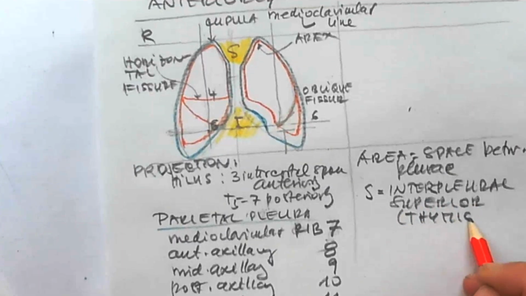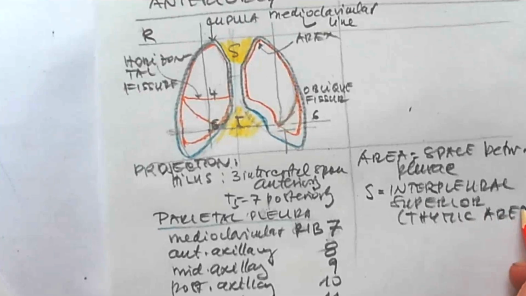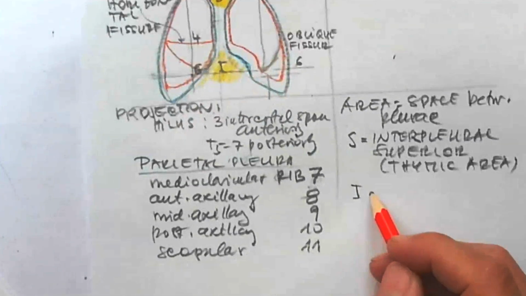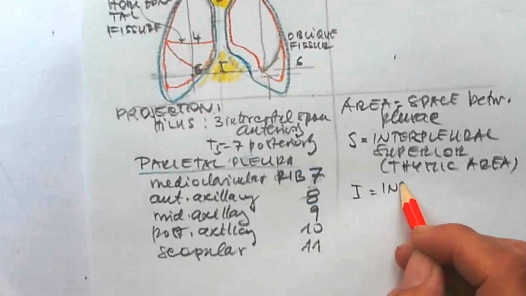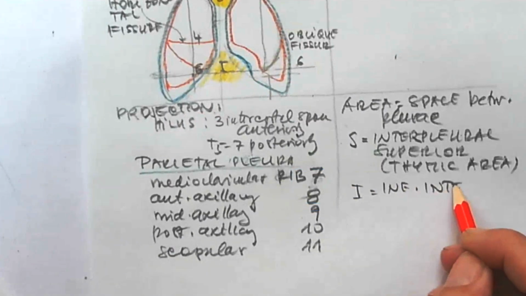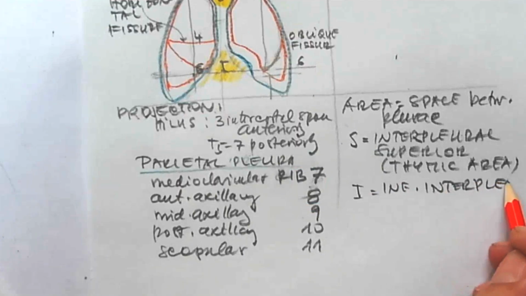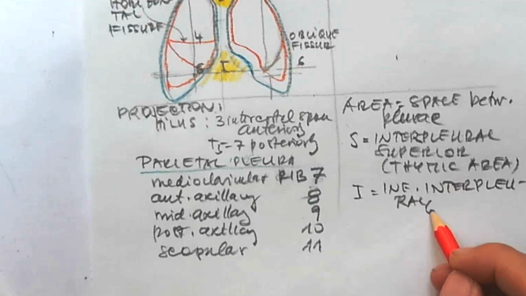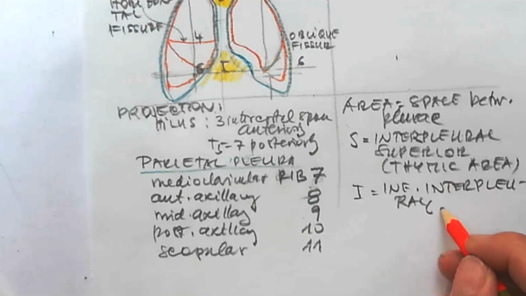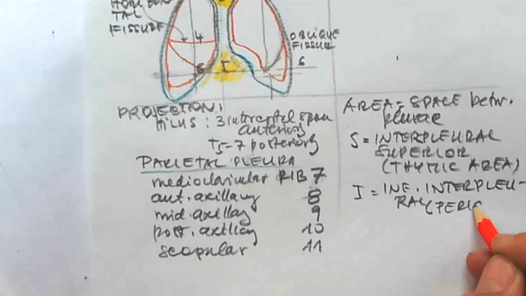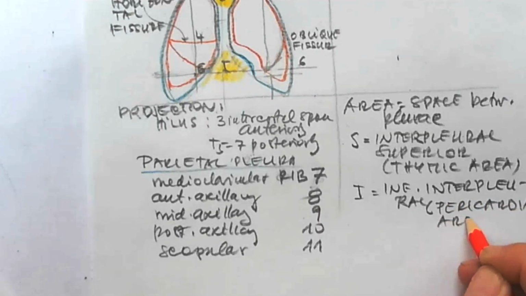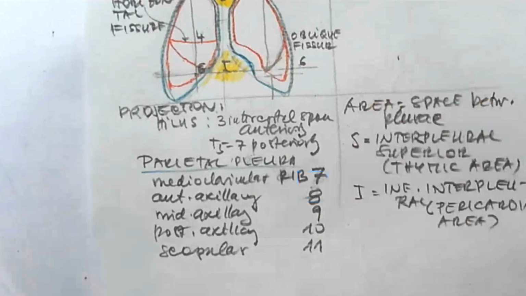This was the thymic area, an older name, but more effective, more clear. And inferior interpleural space is also called pericardiac area. That's it. So we see also topographically important areas.